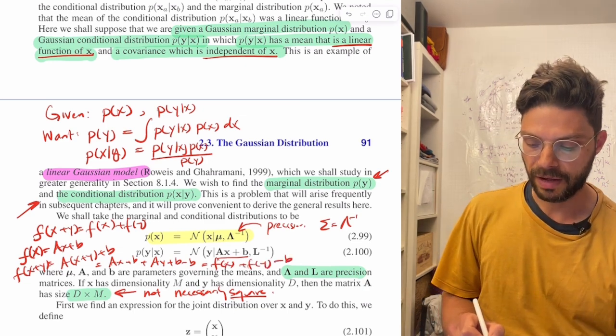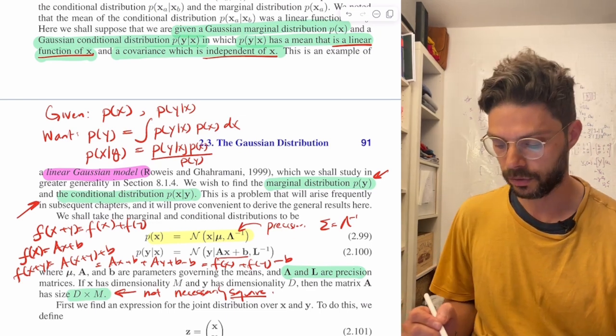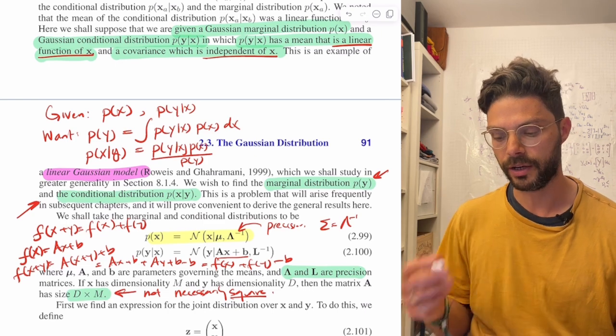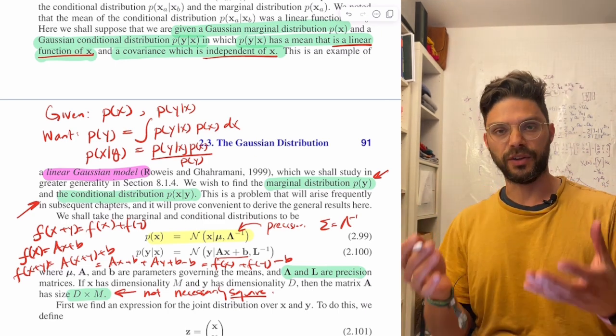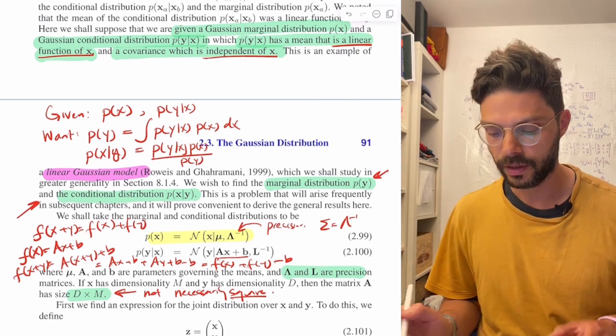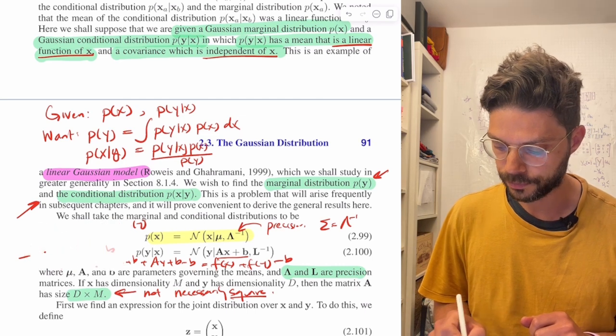So f of x plus y will only equal f of x plus f of y if b is equal to 0. So in general it's not a linear function, it's an affine function. The result we're going to talk about applies to these affine relationships as well.